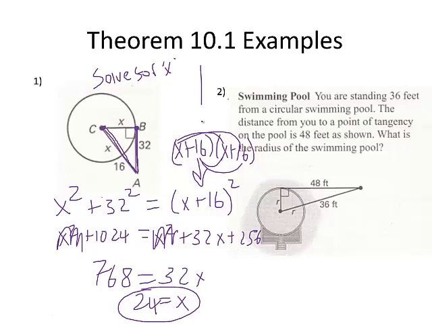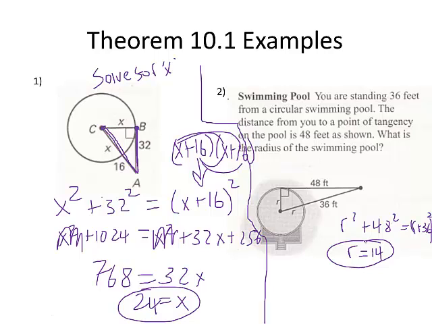Okay, so go ahead and try using this method for the second one. You can pause the video now and see if you got it right. Okay, so for the swimming pool one, you are standing 36 feet from a circular swimming pool. The distance from you to a point of tangency on the pool is 48 feet as shown. What is the radius of the swimming pool?